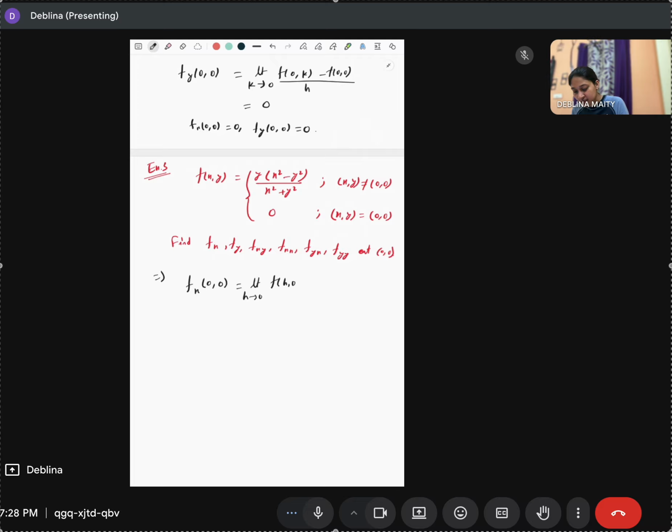This is f(h,0) minus f(0,0) over h, right? Since y here is 0, from the definition of f(x,y), it is actually 0. Y is 0, so it is 0, and f(0,0) is given as 0, so this value is 0. And what is fy(0,0)?